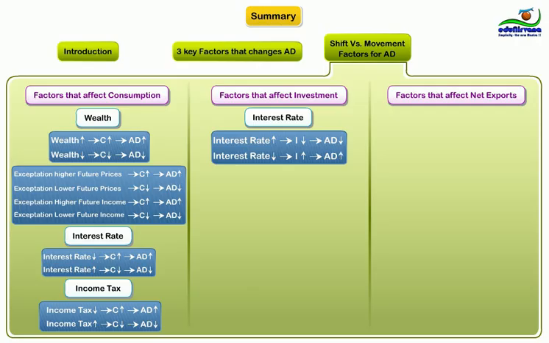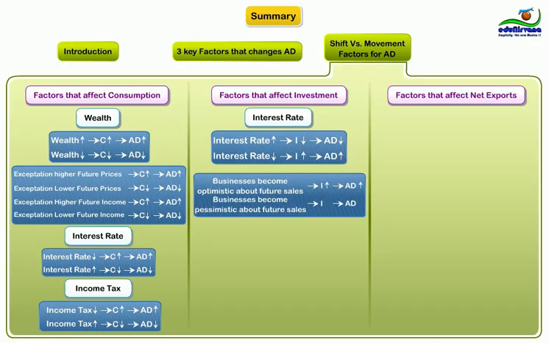Expectations about future sales. Businesses become optimistic about future sales. Investment increases. Aggregate demand increases. Businesses become pessimistic about future sales. Investment decreases. Aggregate demand decreases.